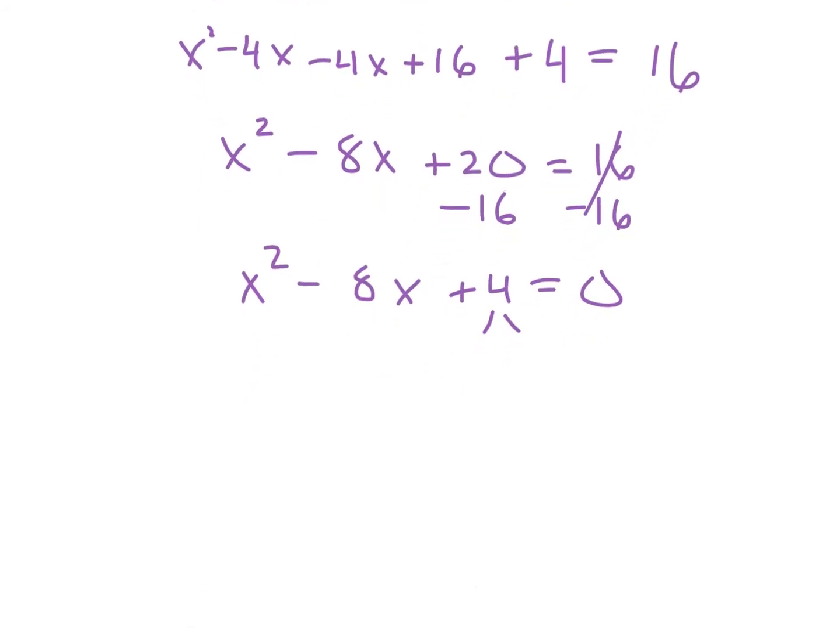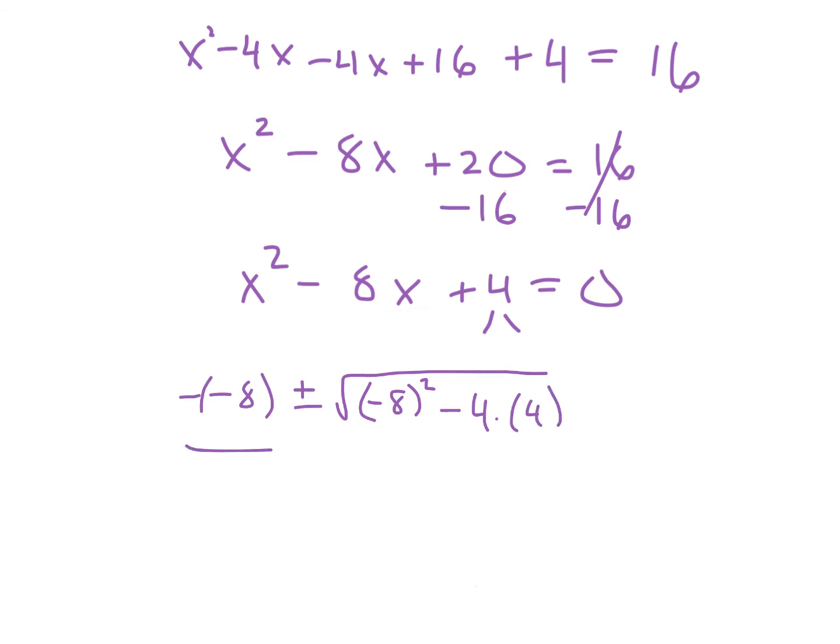So our quadratic formula would be negative b, so negative 8, plus or minus the square root of b squared, so negative 8 squared, minus 4 times a times c, so 4 times 4 times 1 over 2a.